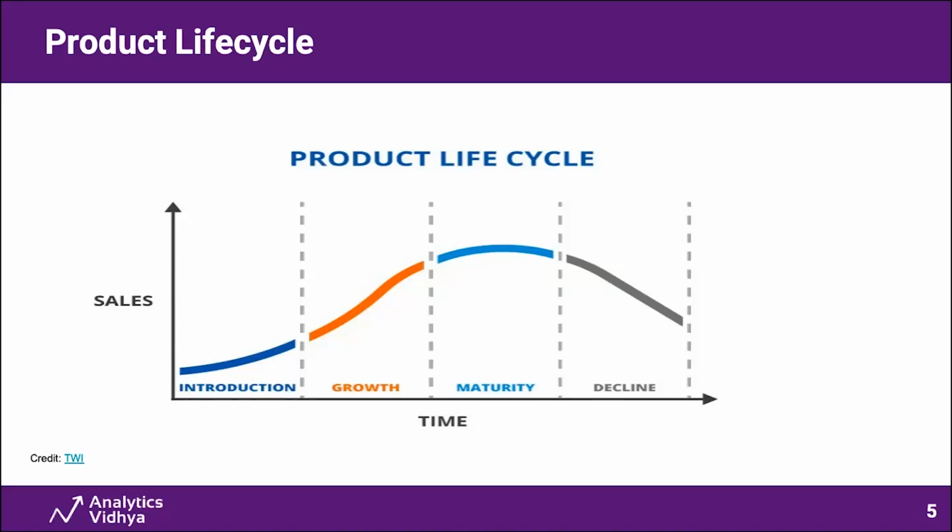So overall, you start with the introduction, then you grow it, then you mature, and then you decline. When you see that the decline is very rapid and it is not worth continuing the product, you discontinue it from the market. So this is how the complete product life cycle looks.